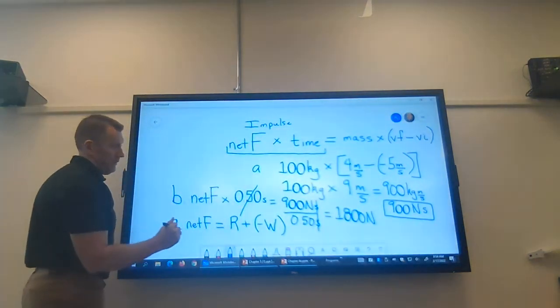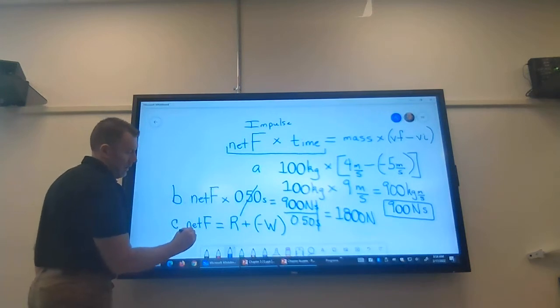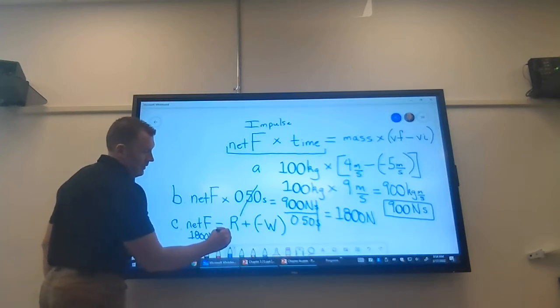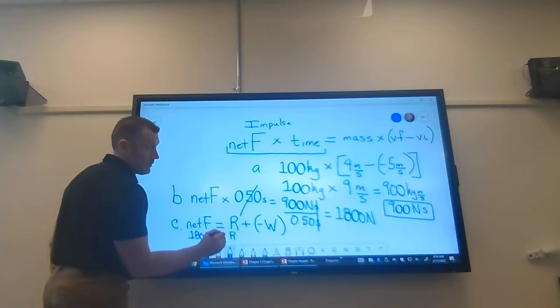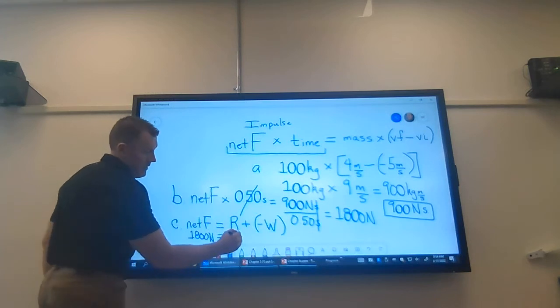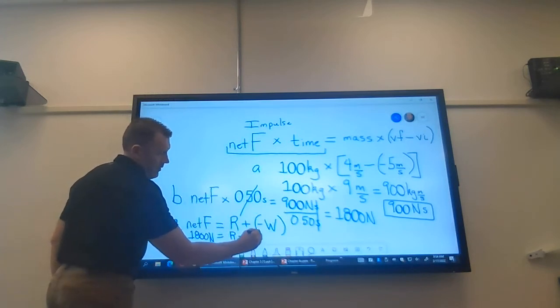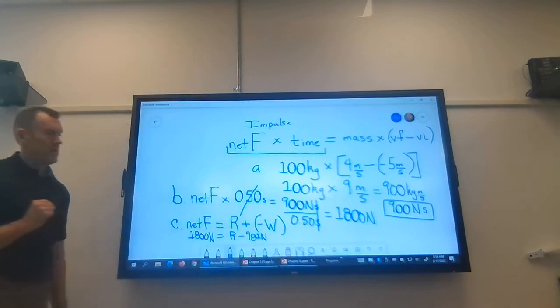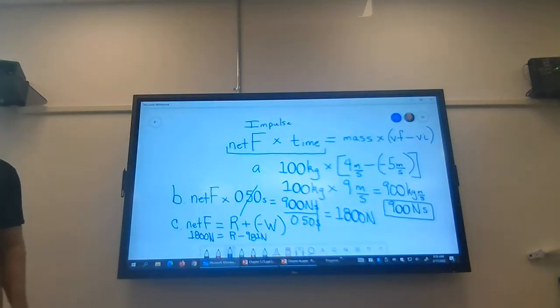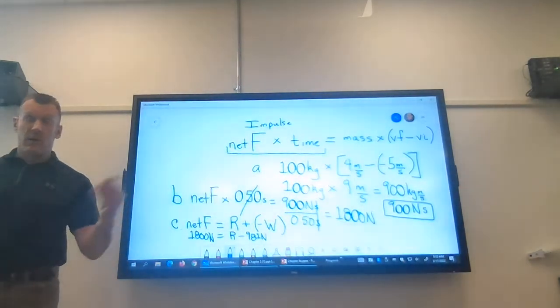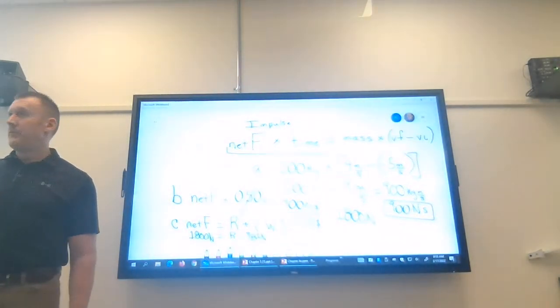So, I'm out of space here. 1,800 newtons is equal to the reactive force, and what was the weight again? 981 Newtons. Okay, so then you can then solve for the reactive force, right?